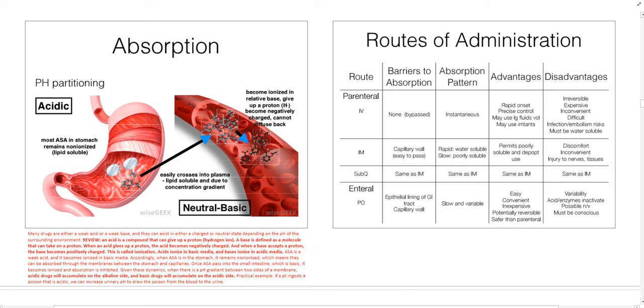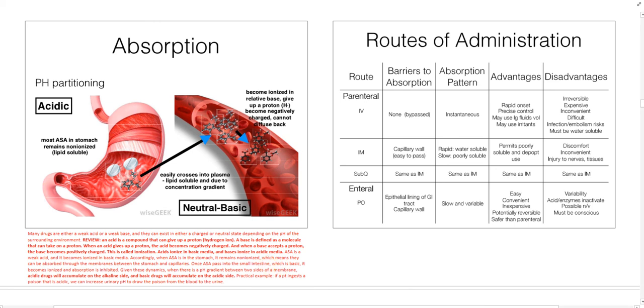Aspirin, for example, is a weak acid. So we've got our aspirin here, these little two doohickeys. They're acidic, they're in the stomach, and the stomach is acidic. We're talking what, pH 2?